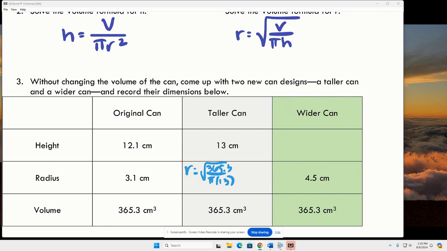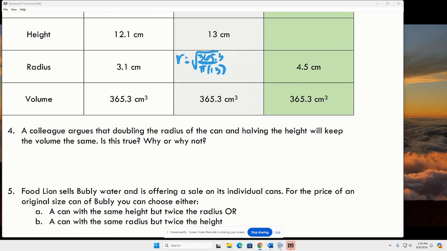Now I did have some people kind of get this wrong because of the way they typed it in the calculator. So I would highly recommend that when you type this in, that you just use the fraction button.